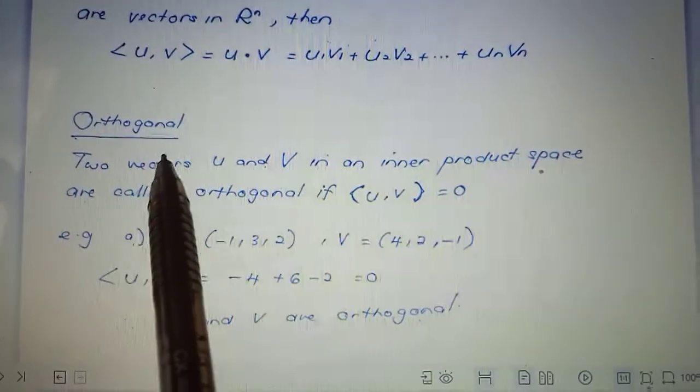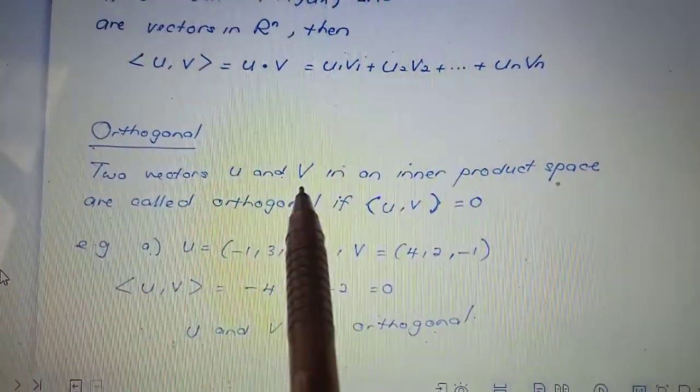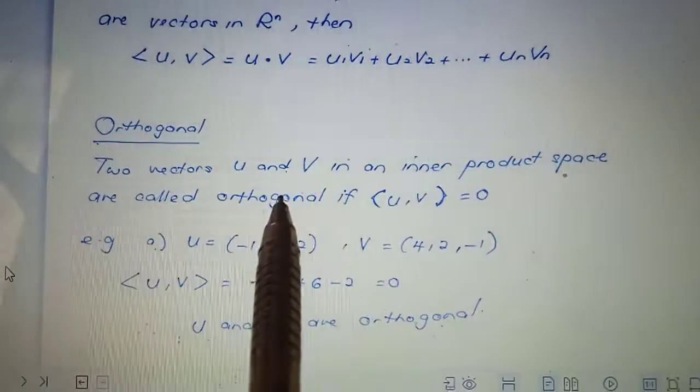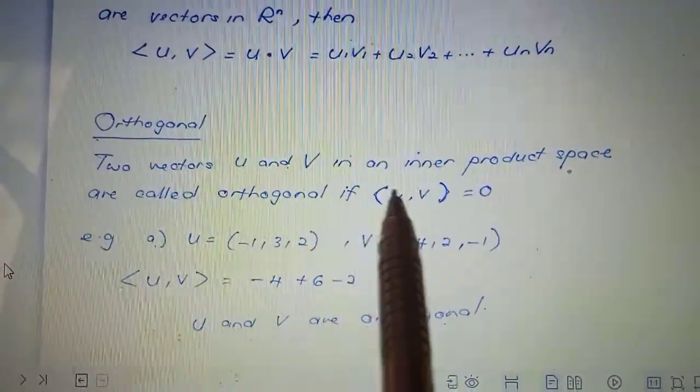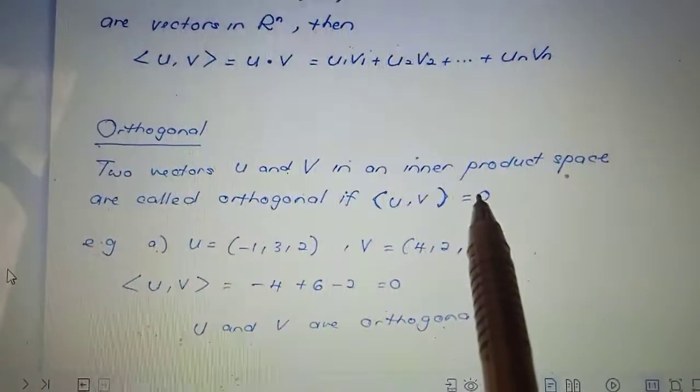Next is orthogonal. What is orthogonal? Two vectors u and v in an inner product space are called orthogonal if the inner product of u and v is 0.